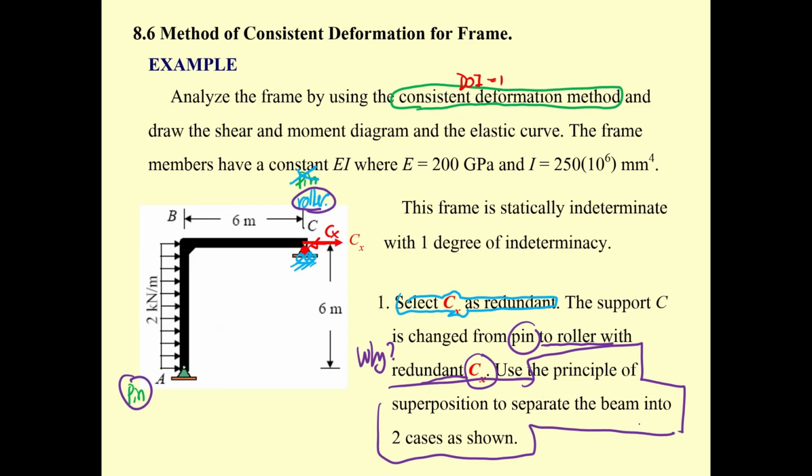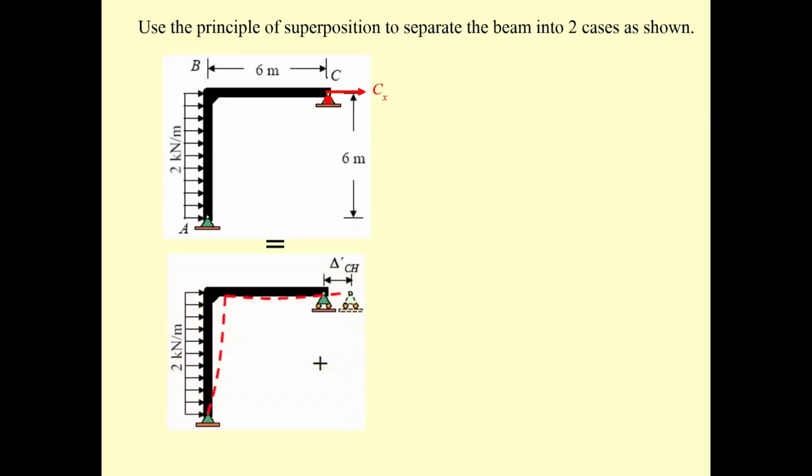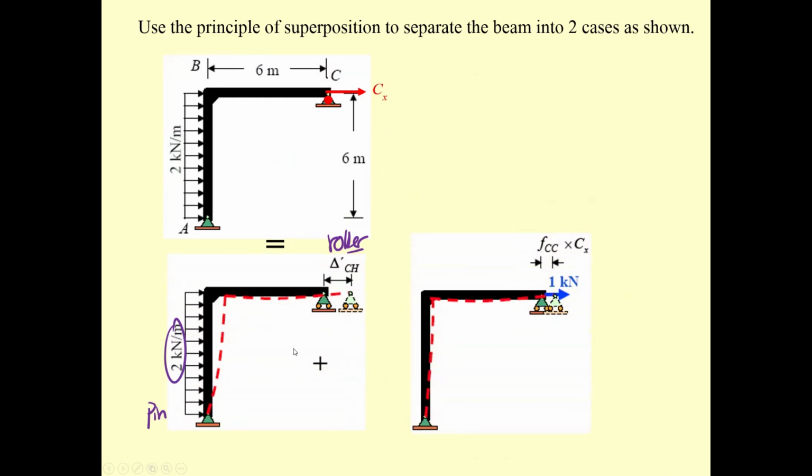And then our senior engineers, our ancestors here, they were very keen. They said, by the principle of superposition, we can separate the frame into two cases. One, the pin and roller frame subjected to the different external forces, and then another, the same frame but subjected to the unit force.